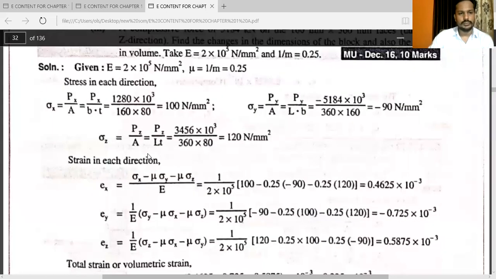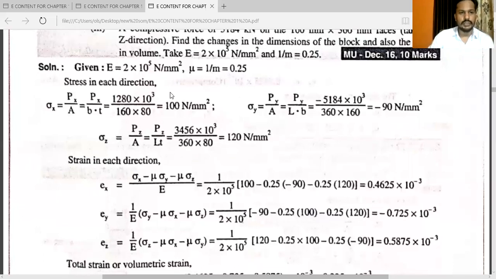So here E is equal to 2 into 10 raised to 5 Newton per mm square is given, mu is given. You have to calculate sigma x, sigma y, and sigma z.